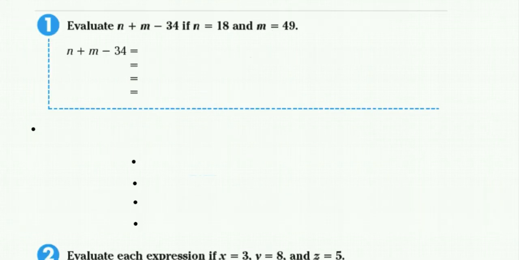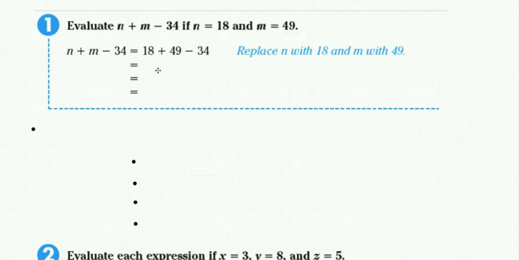119. Let's take a look at more examples on this. Say, evaluate n plus m minus 34 if n equals 18 and m equals 49. Remember, evaluate means substitute or replace and then simplify. We substitute the values for n and m, n being 18, m being 49, and this is what we come up with. Okay, 18 plus 49 minus 34.